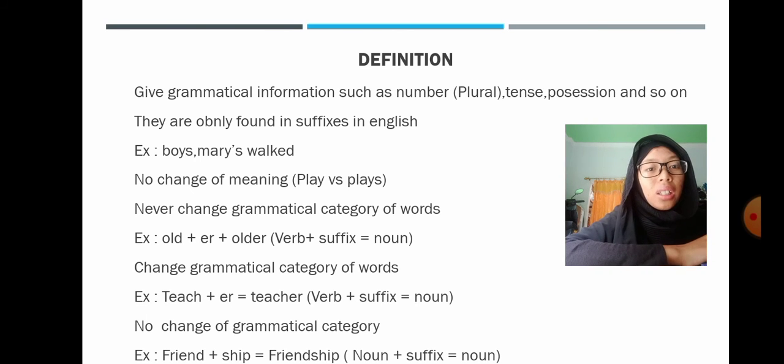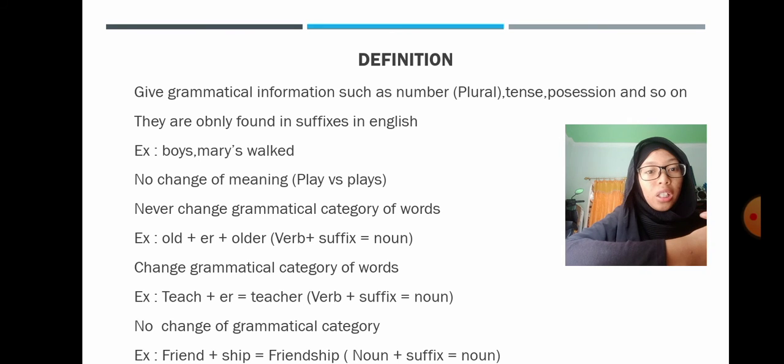And then, inflectional morphemes never change the grammatical category of words. For example, old plus er can be older. Okay, as we can see, there is adjective plus suffix remaining adjective. And then derivational morphemes can change the grammatical category of words.